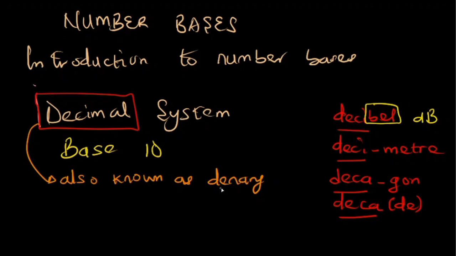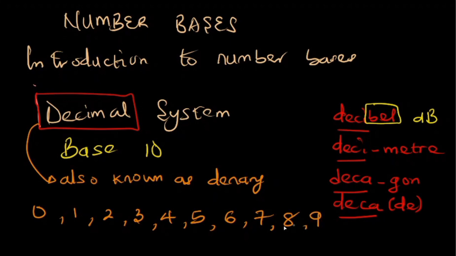The denary system consists of 10 glyphs: 0, 1, 2, 3, 4, 5, 6, 7, 8, and 9. These are the 10 glyphs that we can find in our decimal system.